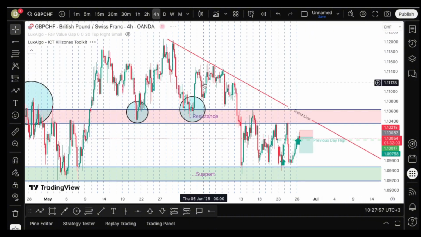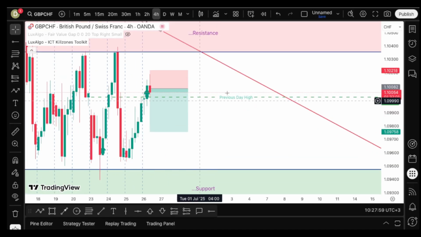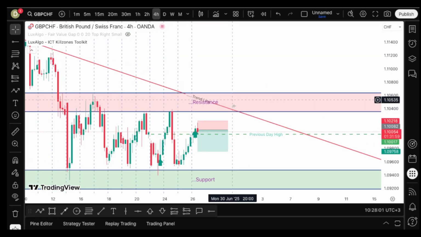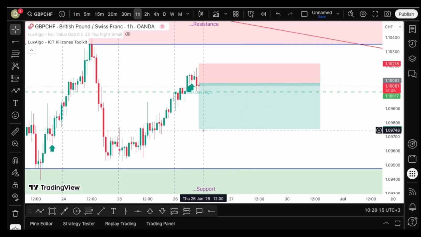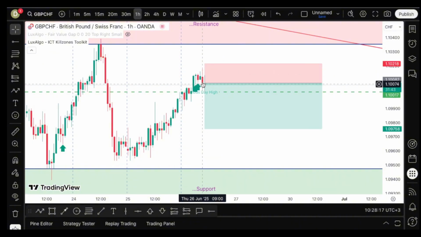Let me go to H4 so that I can show you. This one is the previous day high. It has also been taken. So there is a sweep of the Asian high, a sweep of yesterday's high in a supply area, on the upper side of the ranging market. That gave me confluence to take the short trade after this bearish engulfing here.